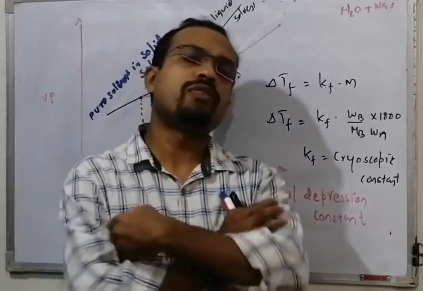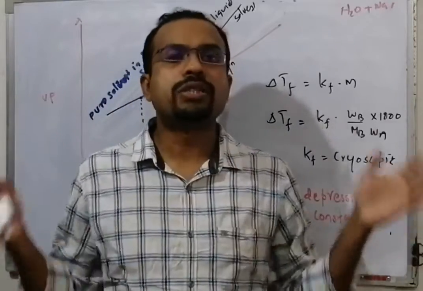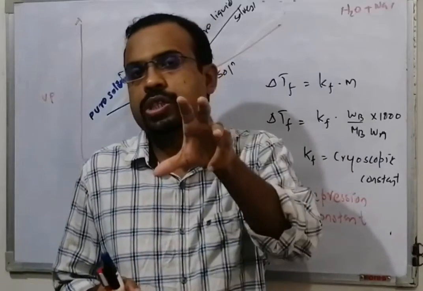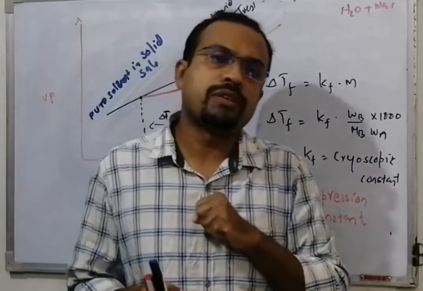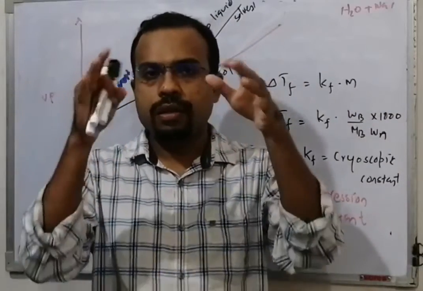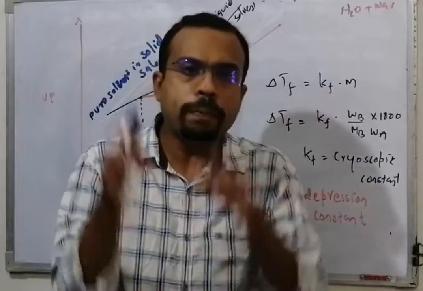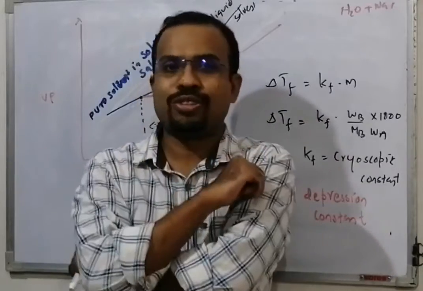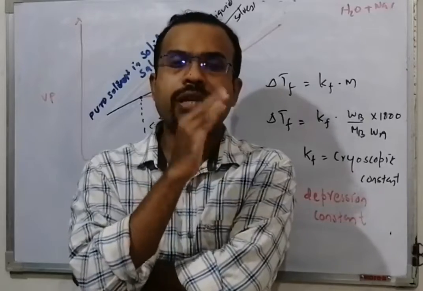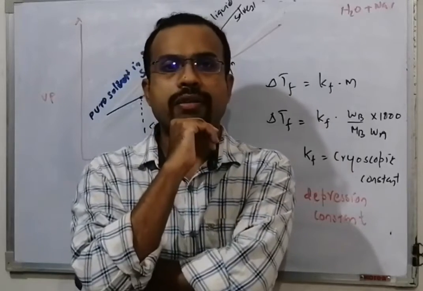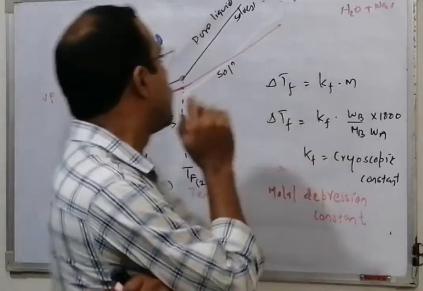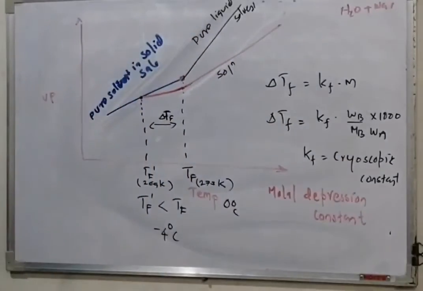That solution has a lower freezing point. Therefore, the snow starts melting. The temperature in Kashmir at that time may not be low enough to freeze that solution. Therefore, snow starts to melt and automatically the road will be cleared. Okay, that's all the points about the depression in freezing point.